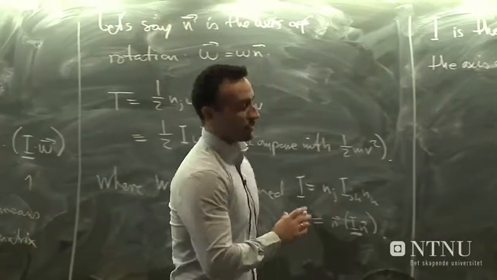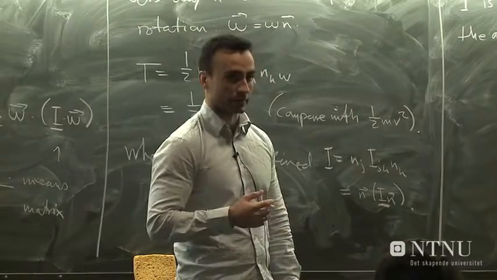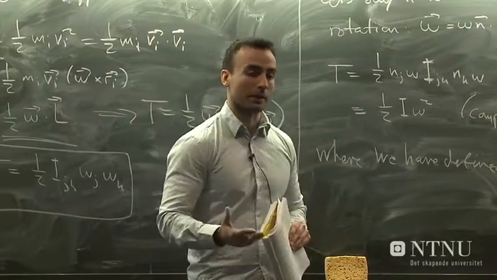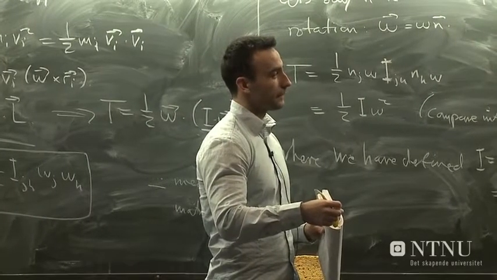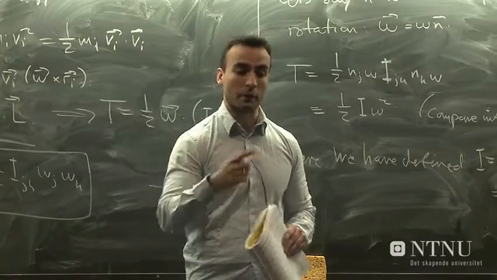Now, let's consider some of the properties of this matrix of inertia, just as we did for the orthogonal transformations, to see if we can find some useful mathematical tools which help us in the characterization of the motion of the body.